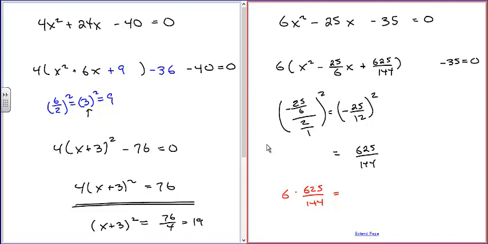If you take 144 divided by 6, 144 divided by 6 is 24. So I get 625 over 24. These two have a common factor of 6. So that is what I'm adding. I'm adding 625 over 144 times 6. So if I'm adding that, I need to subtract 625 over 24 to balance that out.